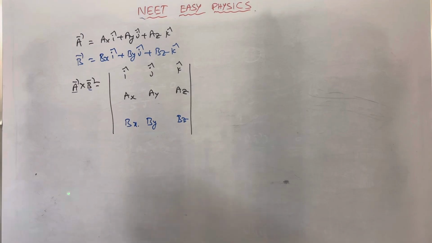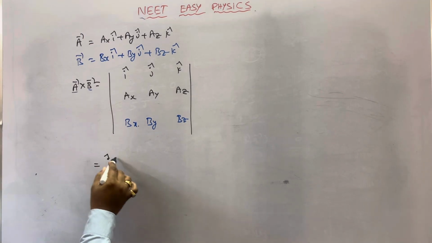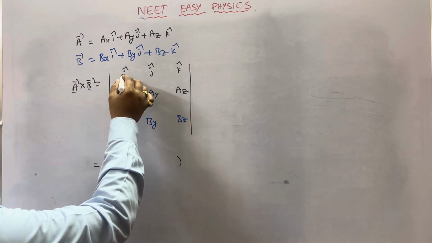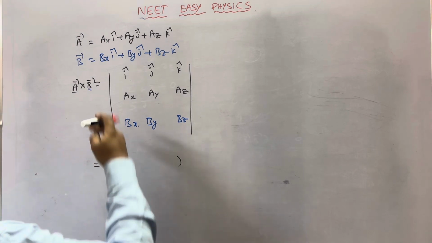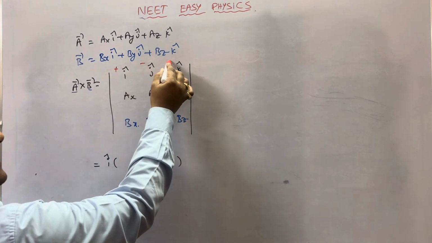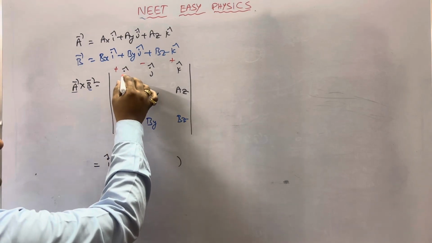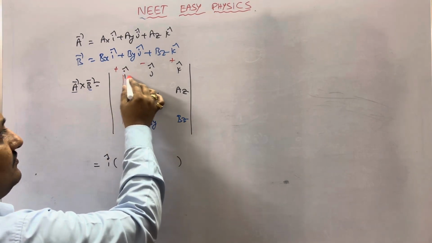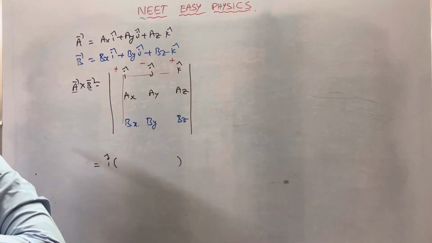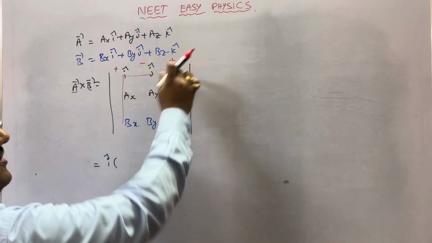Whenever we are doing the cross product, first we have to take i cap. For this, we write the signs plus, minus, plus. So, plus i cap. You can close this row and column, one row and one column.